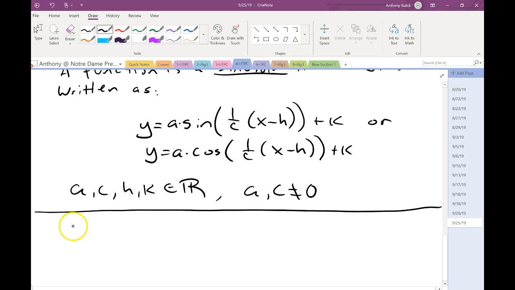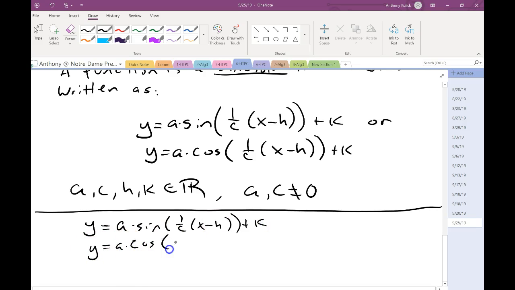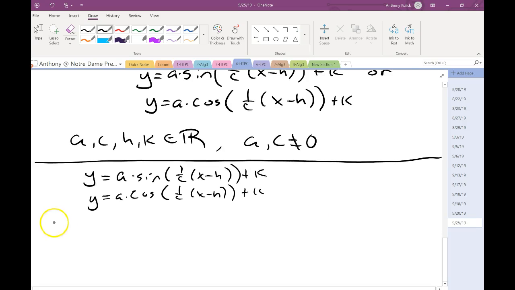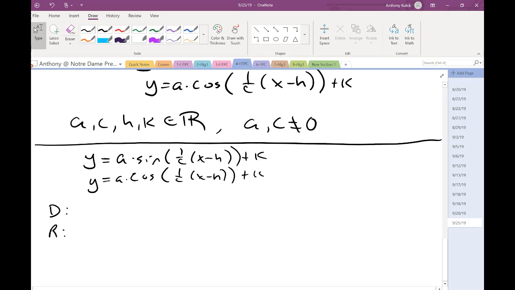So, if I want to talk about these transformational functions, maybe I want to talk about the same descriptors I talked about before.